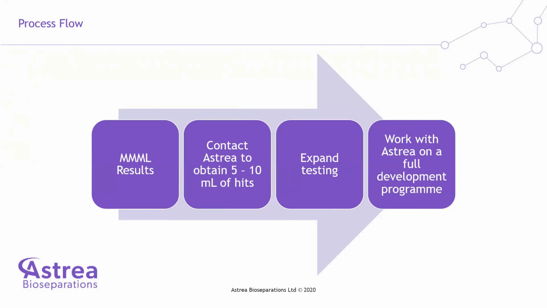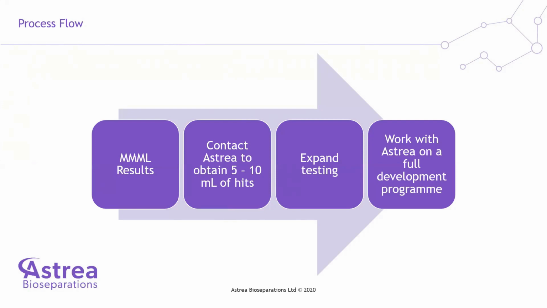So we typically would provide 5 to 10 ml of selected hits. You can choose to put those in plate format, or you can choose to put them in small columns. We can supply as slurries or pre-packed in small columns too. So there's a lot of flexibility in terms of the presentation format for this.